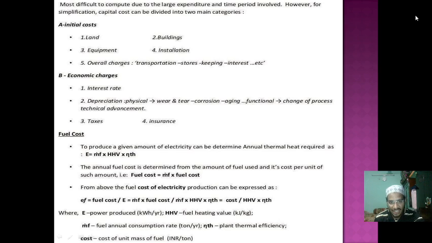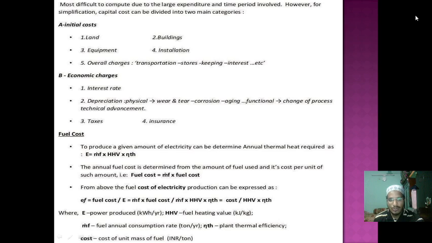If there is a technical issue, we have to change it. We also have to pay taxes to the government, and we have to take insurance for our equipment, our machineries, and our labors also. These are the economic charges. For setting up a power plant, these are the two things, and the third one is fuel cost.